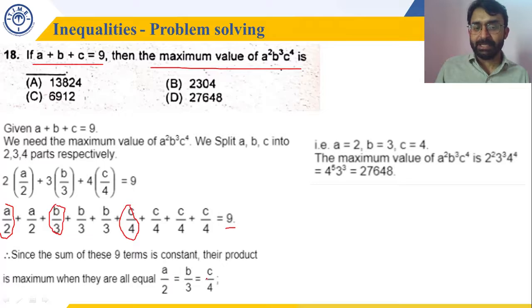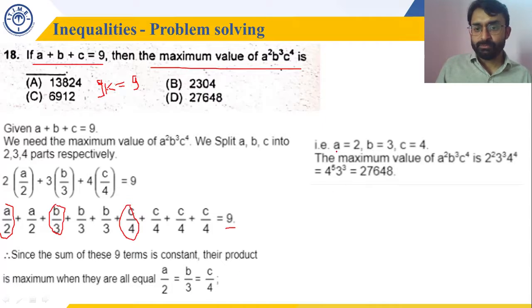Again I'll repeat, a is equal to 2k, b is equal to 3k, c is equal to 4k. So a plus b plus c, which is 9k, is equal to 9. So 9k is equal to 9. Am I right? So if 9k is equal to 9, k is equal to 1.